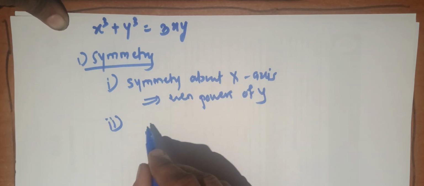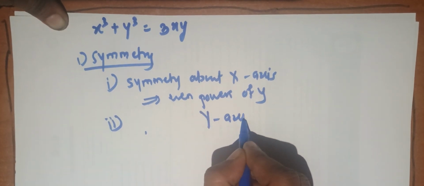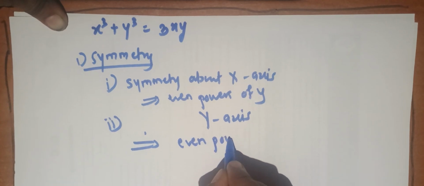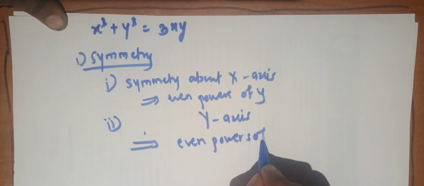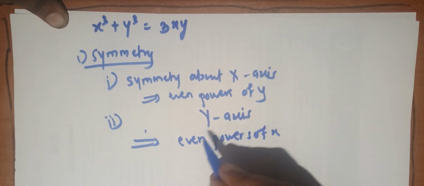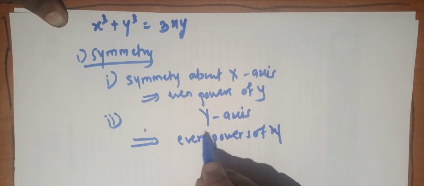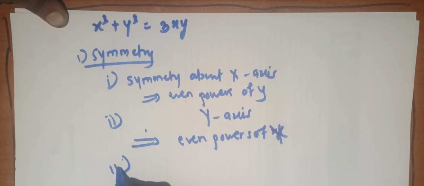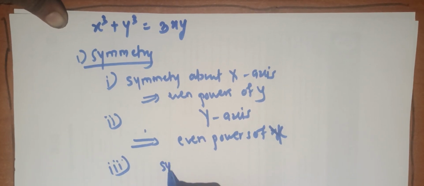When we say symmetry about y-axis, if there are even powers of x, then we can say symmetry about y-axis. Third point, symmetry about origin.